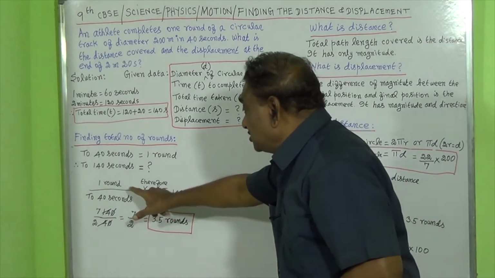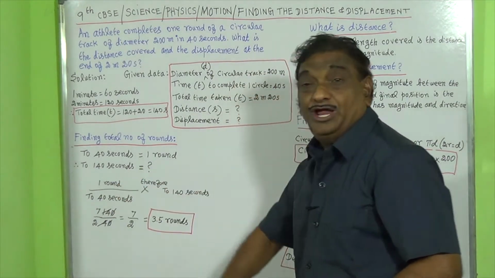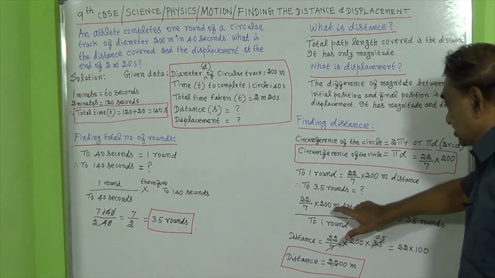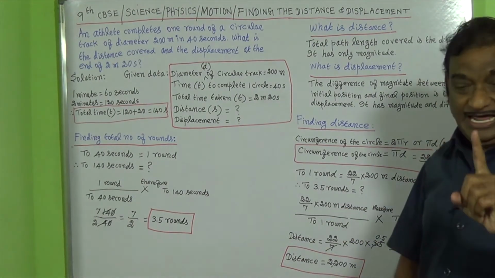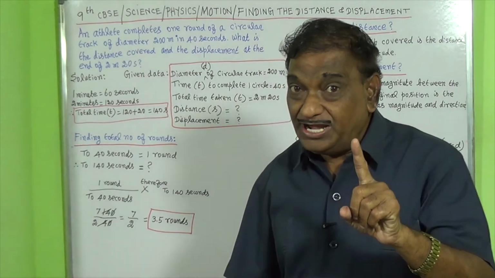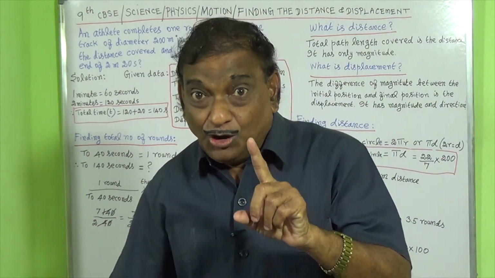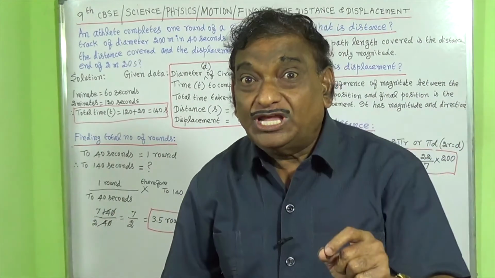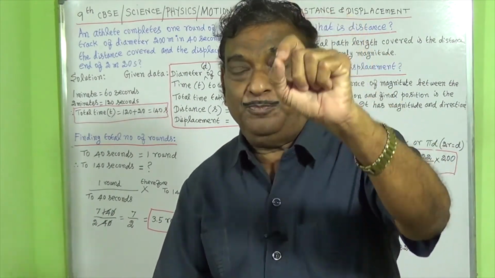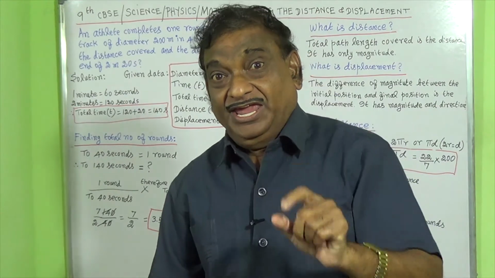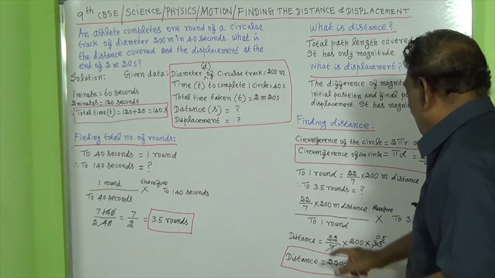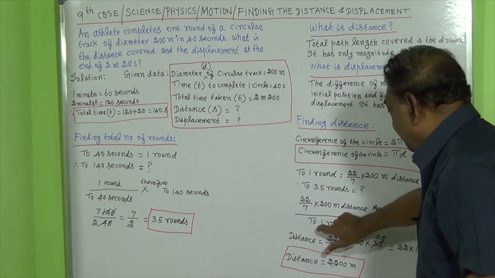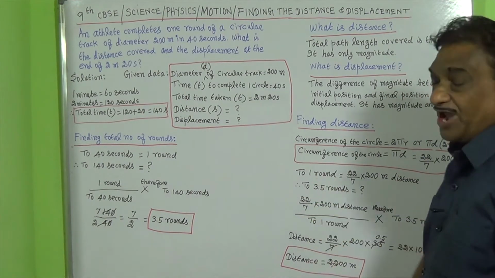Here we placed the number of round in the numerator, but in this case we are placing the distance in the numerator. What is the reason? Because now we are going to find the distance covered, so that the distance covered should be placed in the numerator. Its relation, that is 1 round, should be placed in the denominator, so that we are getting one fraction.